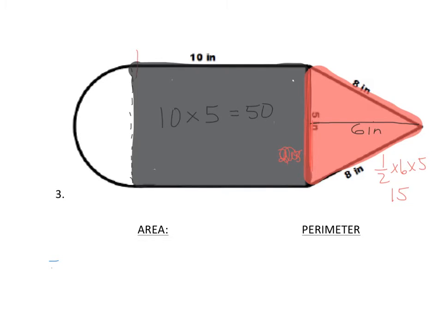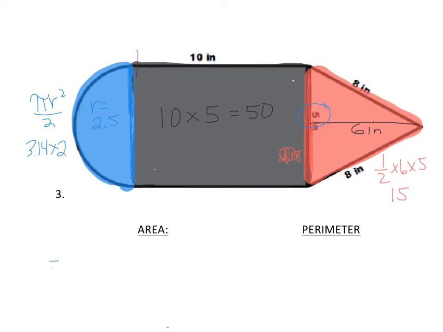And then the last one we need to do is the semicircle. So for that, we need to use pi r squared, all divided by 2. So all the way down is 5. So I only want the radius, which is halfway, so the radius is going to be equal to 2.5. So I'm going to use 3.14 times 2.5 to the second power, and then I'll divide that product by 2.